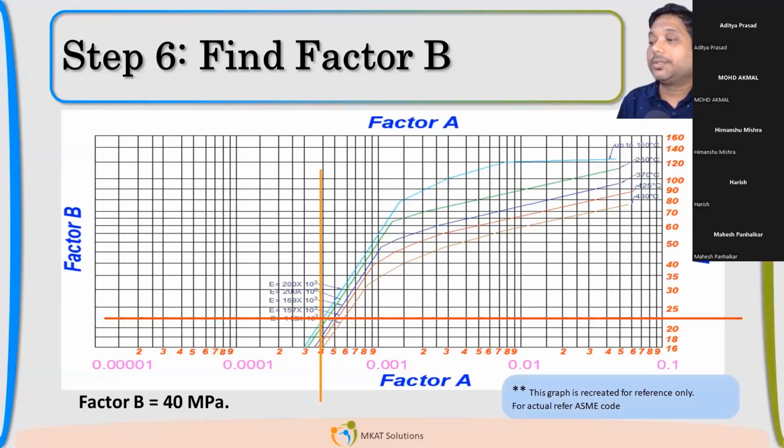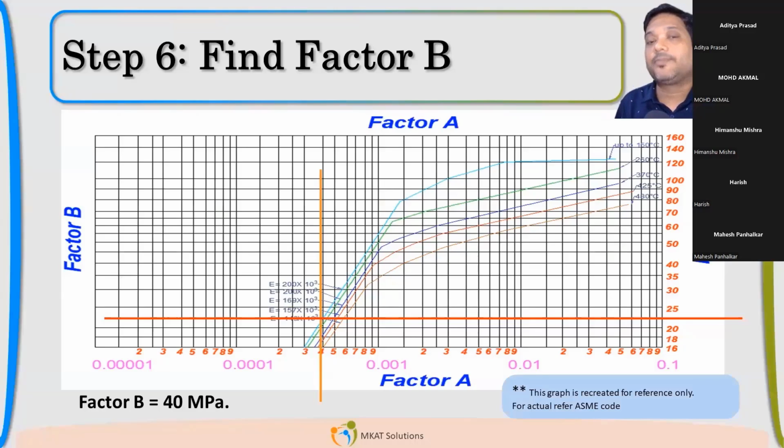You're close, 23, 22, whatever we take. But this graph is recreated, so it's a little different from what you get from ASME. If you use section 2 part D exactly for the factor A, which is 0.00038, you will get factor B as 40 MPa. But you were exactly right in how to read it.